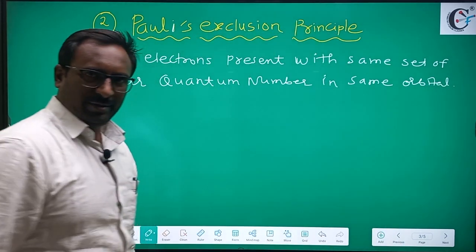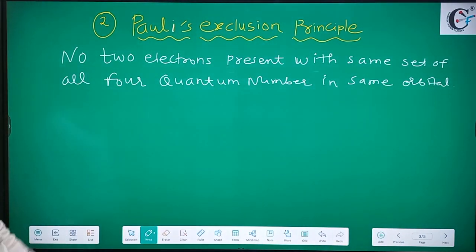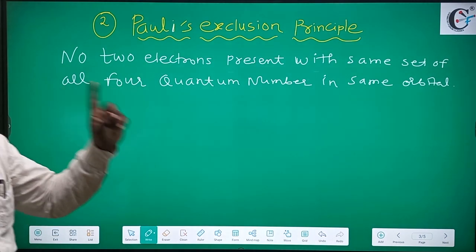No two electrons will have the same set of 4 quantum numbers in an orbital.